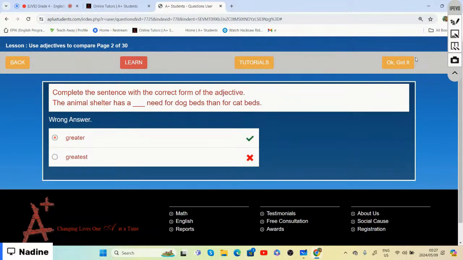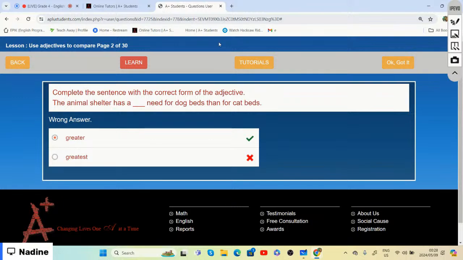So, greater. The reason for greater is because it's one animal shelter, and they're comparing the dog beds to the cat beds. But the dogs are not being compared to all the other animals in the shelter.